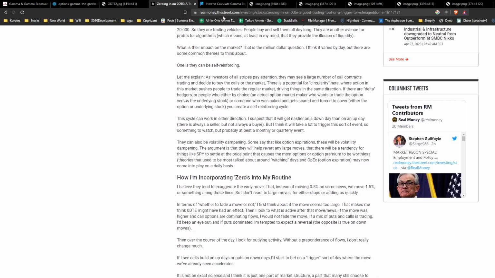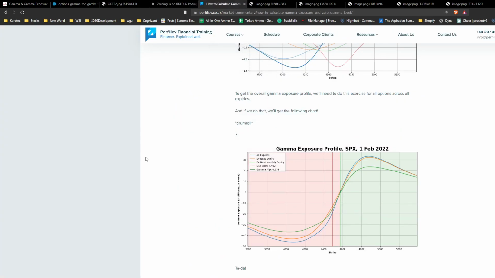Well, when we talk about the gamma profile, all this information that I have been using for the last, I don't know, 2-3 weeks consistently now has all been based off of a Goldman Sachs quant named Perfilieve from the UK.